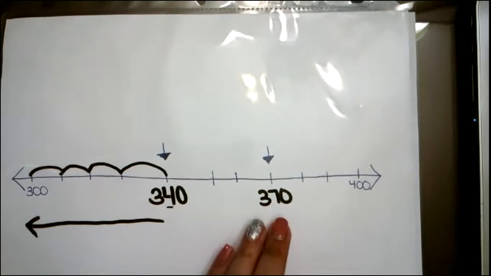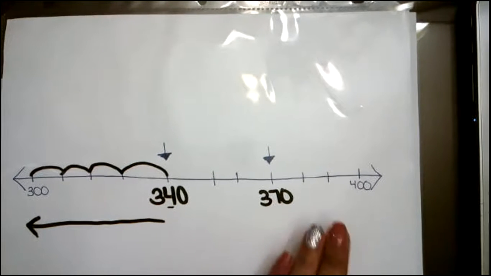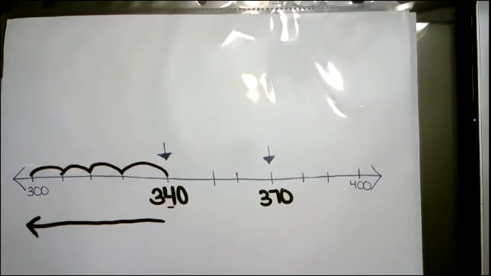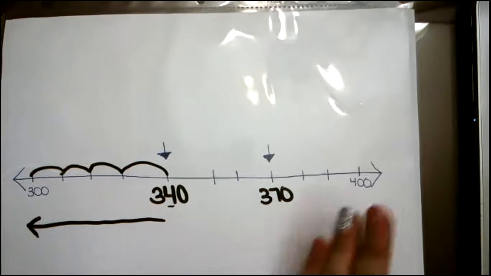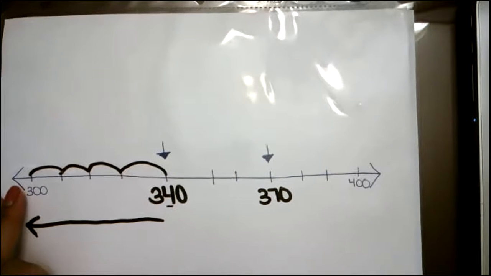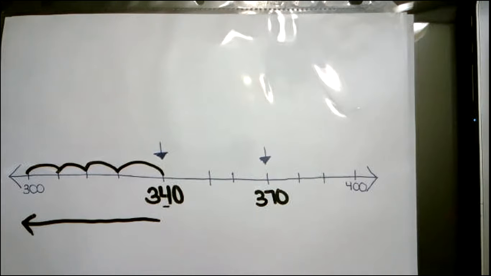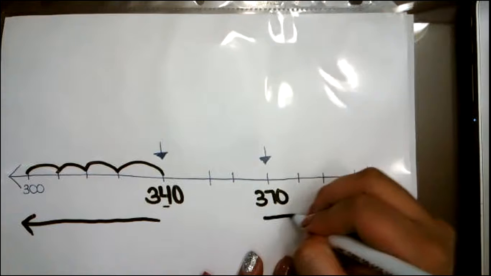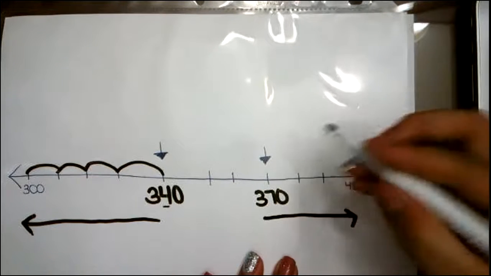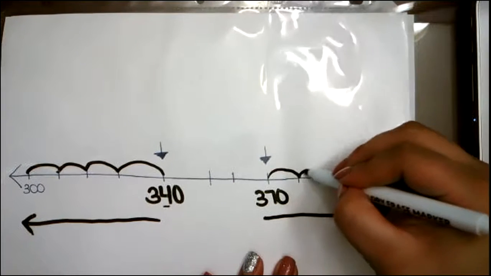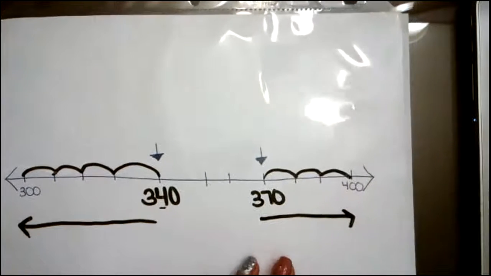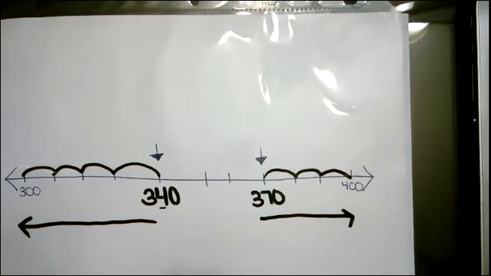Great job, friends. Now, 370, is that closer to 400 or closer to 300? What are we rounding 370 to the nearest 100? Right, because it's closer to 400, we are rounding to 400. So 1, 2, 3 hops that it took.